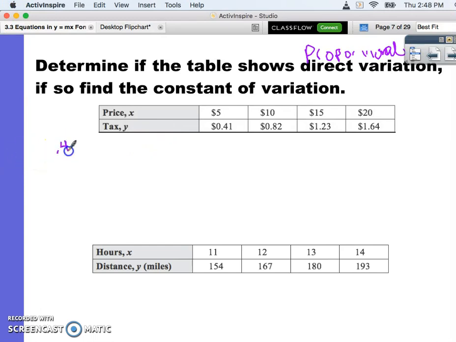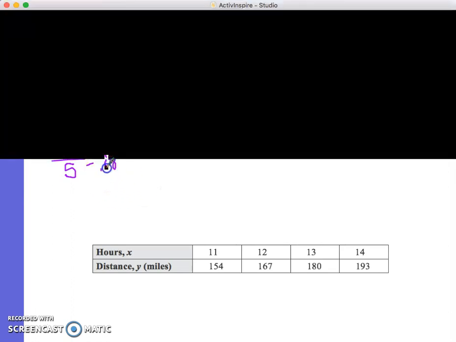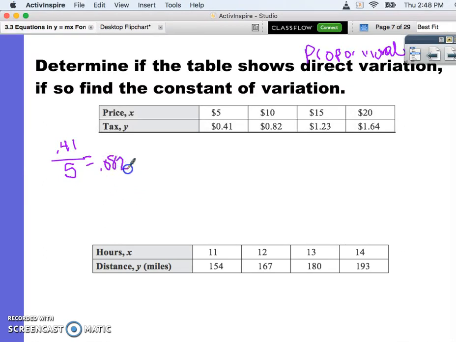0.41 divided by 5 equals 0.082. I'm going to do the same thing for all of these. 0.82 divided by 10.